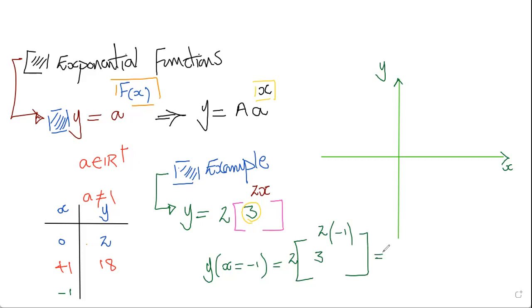Then what do I get? I get 2 times 3 to the power -2. You remember we introduced one very important identity. What was that identity? We said that a to the power -p, thanks Elisa, becomes 1 over a to the power p.